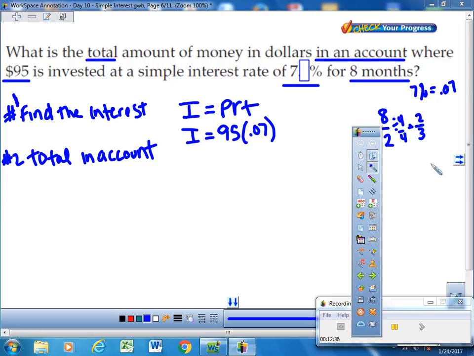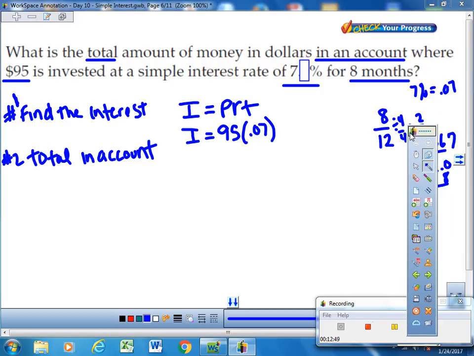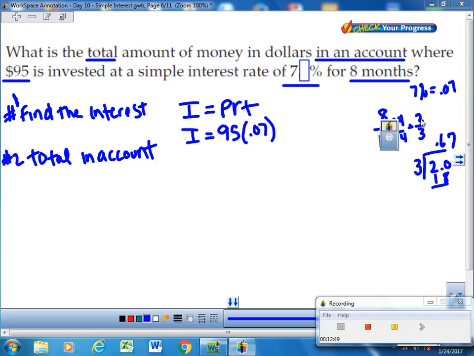And many of you know that if you divide out 2/3, you get 0.6 repeating. So you would use 0.67. So your time in months, since it's less than a year, you're going to multiply that by 0.67.